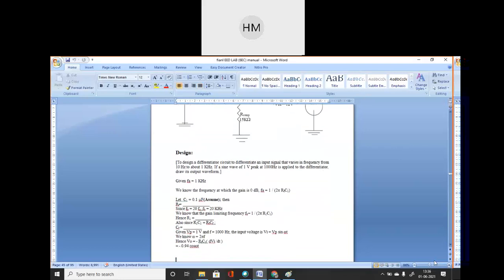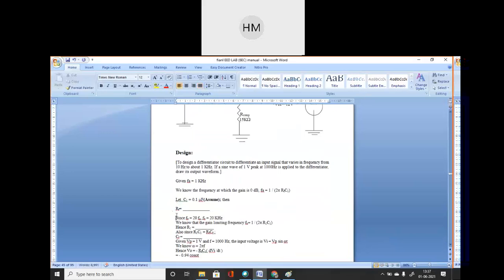So now students, these are the steps to perform differentiation. So write down one by one. I will tell you the designing steps.